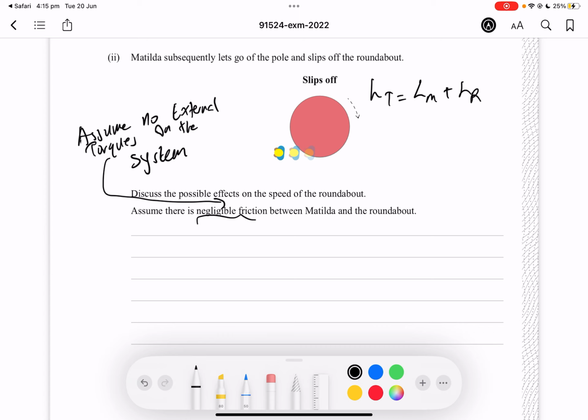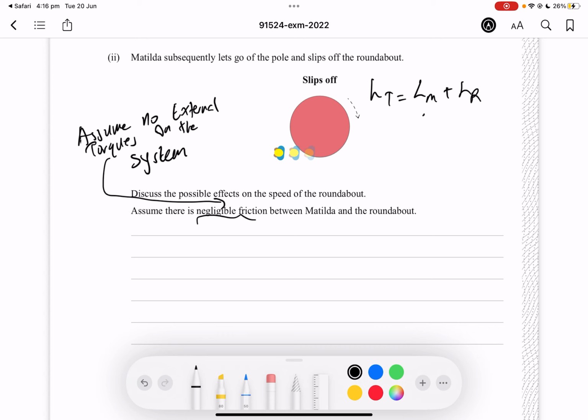So when Matilda slips off the roundabout, since we're assuming there's no friction between Matilda and the roundabout, that means we're assuming that there's no external torques being applied on the system. That means that some component of that angular momentum is going to be maintained when Matilda leaves the roundabout, and therefore there's going to be no significant effect on the angular momentum of the roundabout, since remember the total angular momentum of the system was some angular momentum of the roundabout added to some component of angular momentum of Matilda.